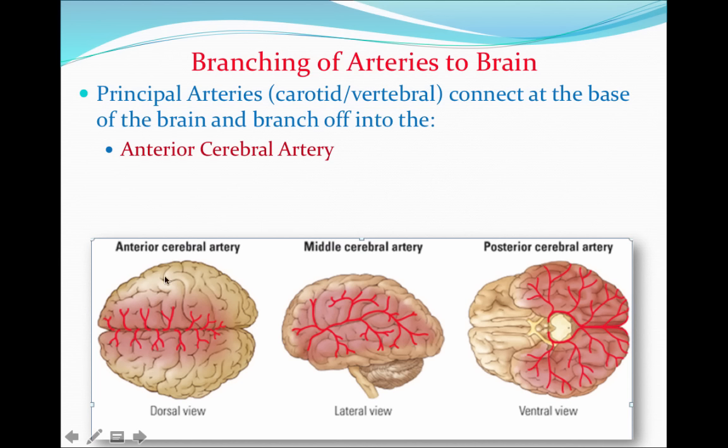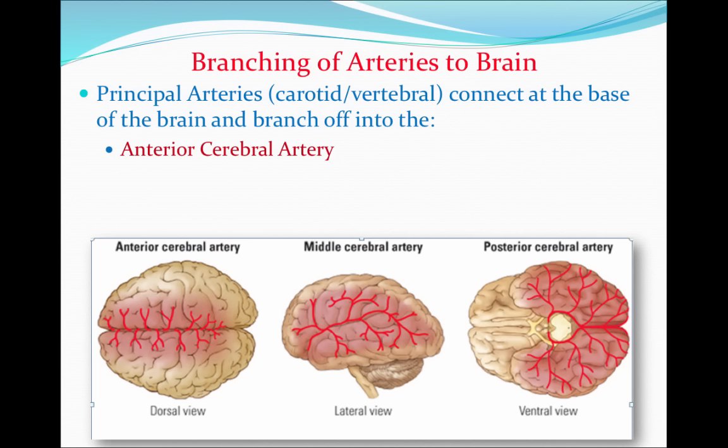The anterior cerebral artery branches to the front side of the brain, and it supplies different brain areas within the front of the brain. For example, it supplies the frontal lobes, the lobes here in front, with blood.